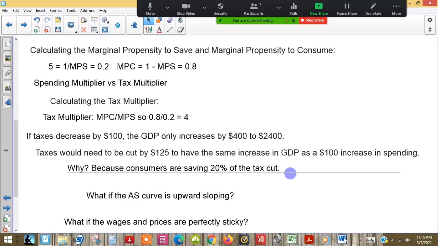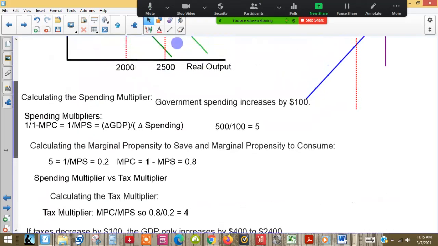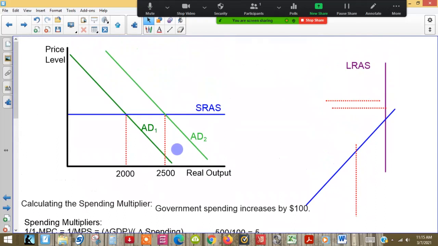So now in the model up here, we have an aggregate supply curve that's flat, that's perfectly elastic. But how would this change our calculus if the supply curve was more in the neoclassical zone or upward sloping?